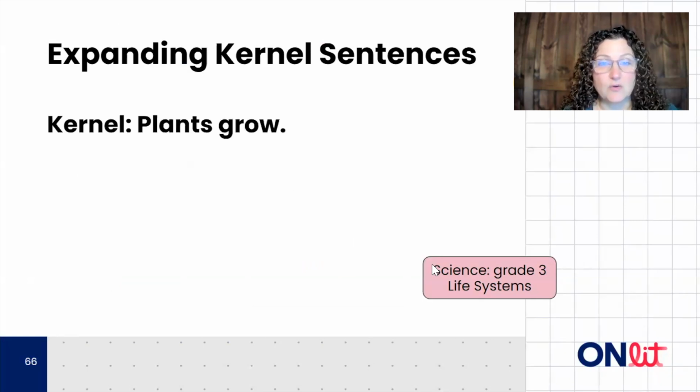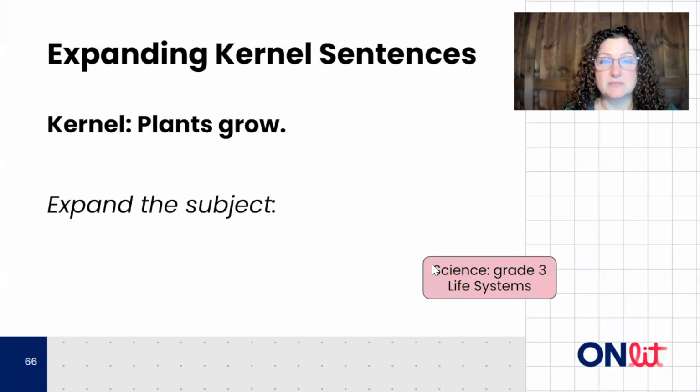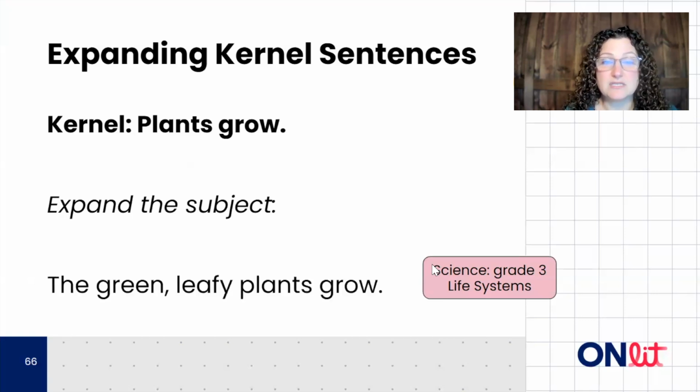The educator or the students can pick one pair of words to start the kernel sentence. In order to expand the subject, teachers can prompt students to add articles like the, an, or a, as well as adjectives that indicate color, size, shape, number, or type.